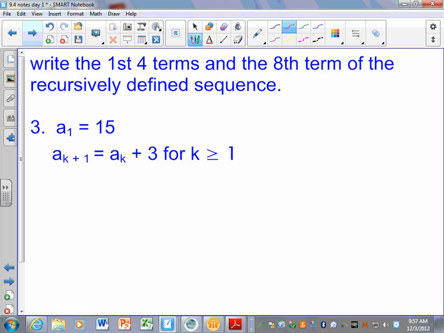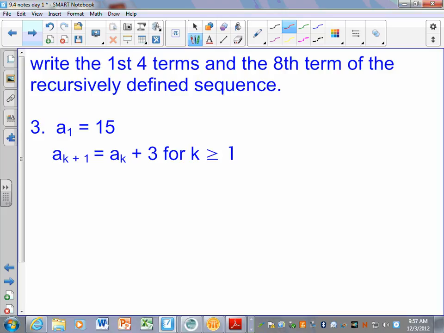Notice this one says write the first 4 terms and the 8th term. Again, notice how it's written. Instead of saying a sub k equals, it says a sub k plus 1.